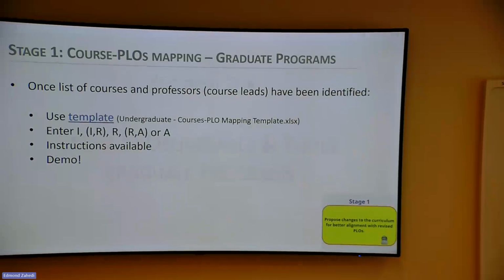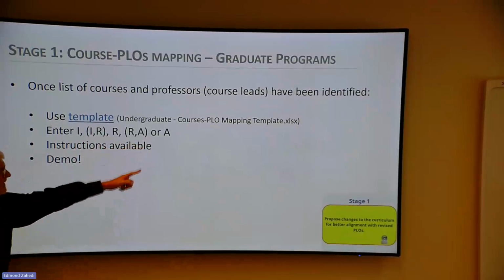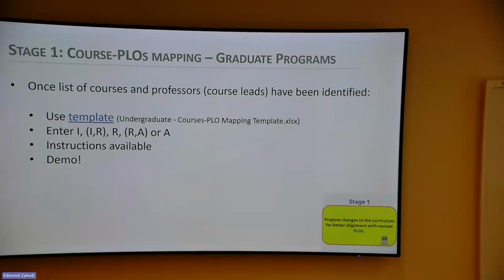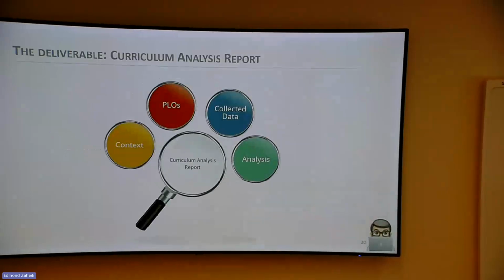So the deliverables, we looked at the templates. This is for the graduate program. So we have I, R, or A, with respect to the PLOs, right? A quick word about the formal curriculum analysis, and just to highlight the difference between them. I know this is coming in 3 years' time, but it's always good to know what happens next.